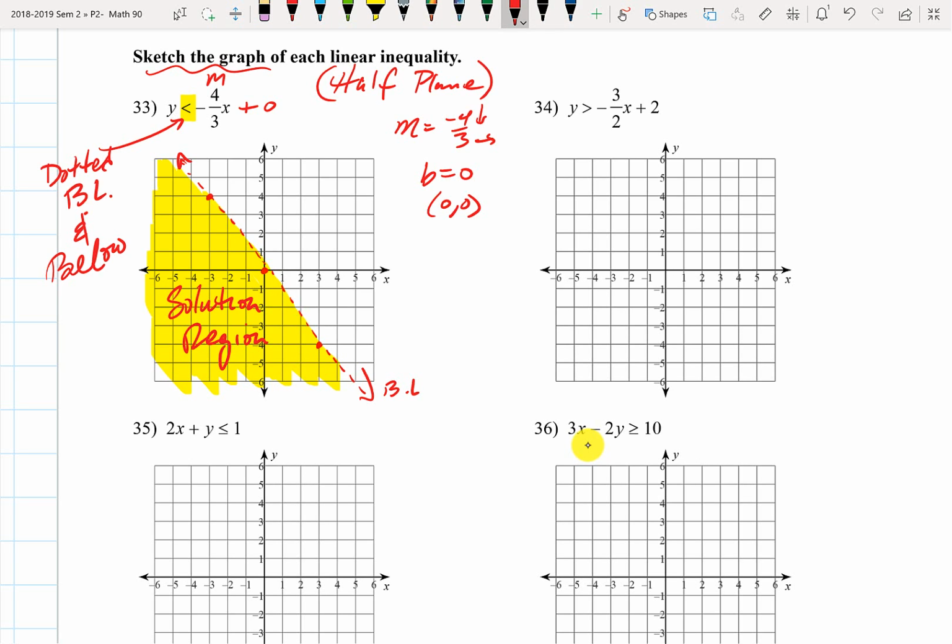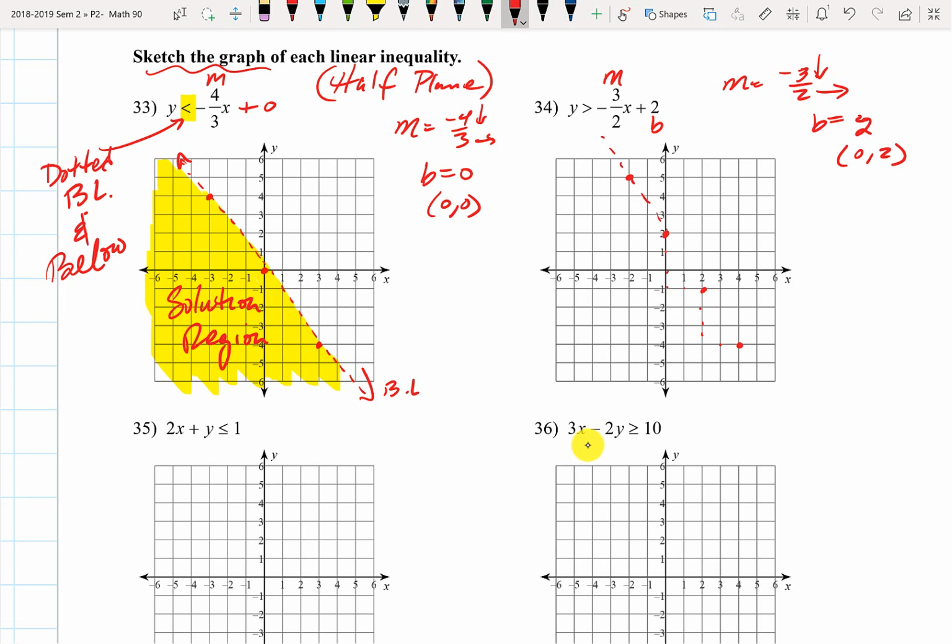Okay, and the same thing here on this one. This one's a little bit different. The slope's negative 3/2. So negative 3/2, down 3, right 2, starting at b, which is 2 in this case. Or 0, 2. So you find 0, 2, and you go down 3, right 2, down 3, right 2, and then reverse it, up 3, left 2. Ooh, there's my donkey.